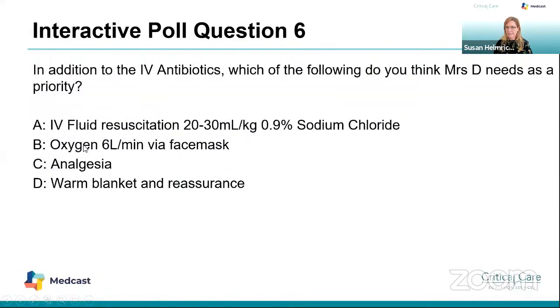All right, so we'll open up the next poll. In addition to the IV antibiotics that were prescribed, which of the following do you think Mrs. D needs as a priority? So answer A, B, C or D there.